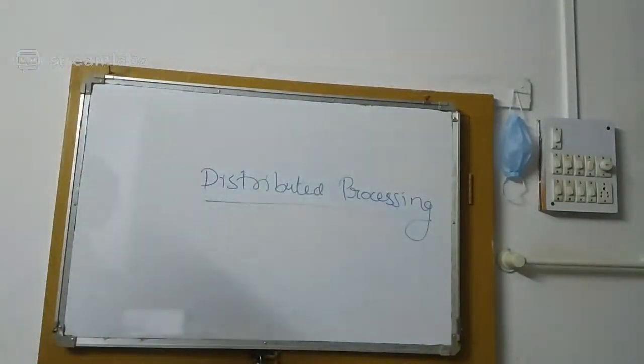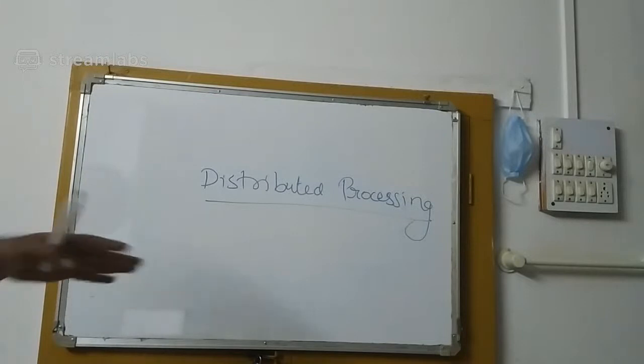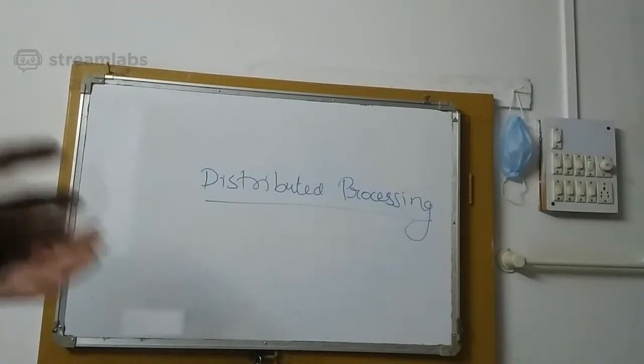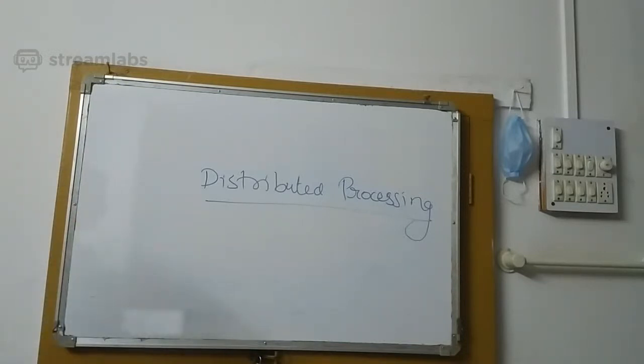Yes, so most of you are aware of what exactly distributed processing is. In distributed processing, the task gets divided among multiple processes, and it is performed on different, separate computers.